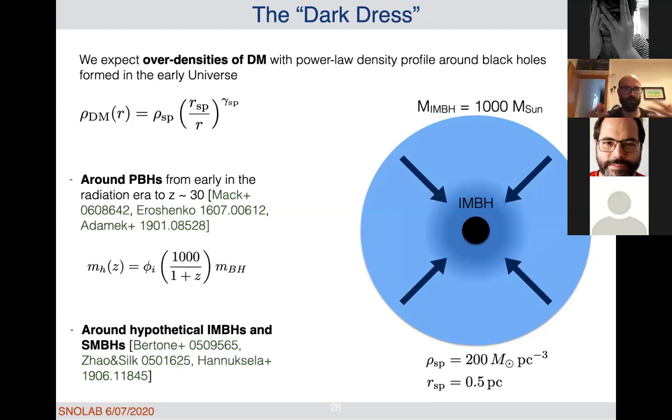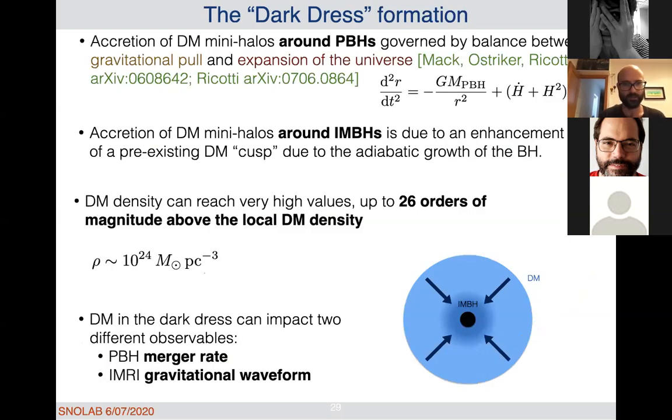By numerical simulations and also by analytical computations, there were some predictions of what the shape of this overdensity could look like. Typically you end up with power law density profiles around these objects, characterized by some slope gamma. The values of this overdensity are quite relevant.